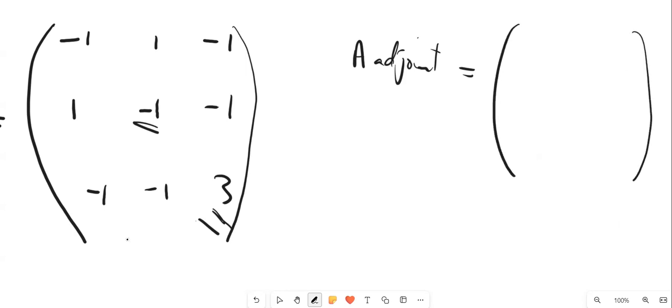Take the row and make it into a column. So you get minus 1, 1, minus 1. I took this row here and made it into the first column. I'm taking the second row, 1, minus 1, minus 1, and making it into the second column. And this one here into the last column.